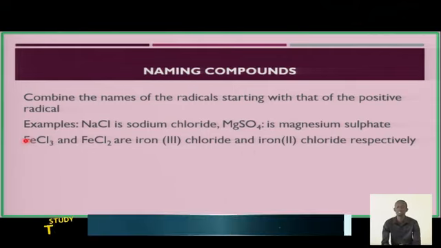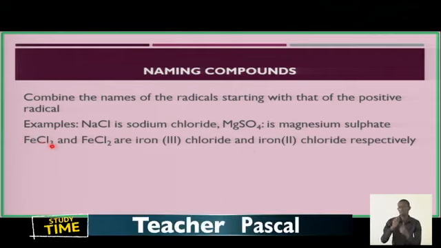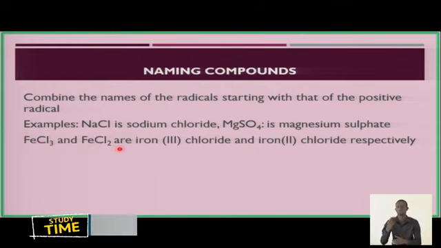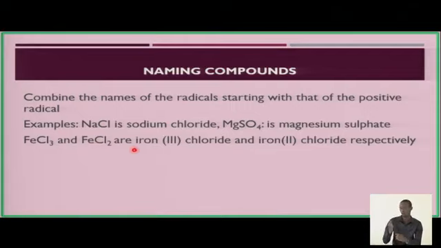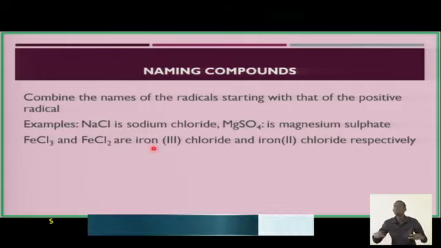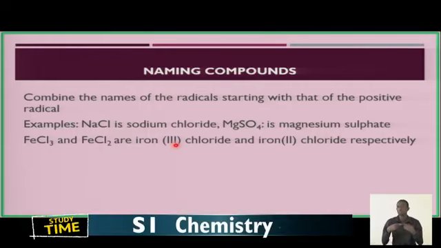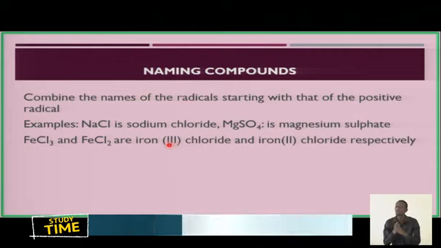And we have FeCl3 and FeCl2, which will be named as iron 3 chloride. And here you have to be very careful because the ions we have are from the same element, but they have different valences. So we should indicate the valences.